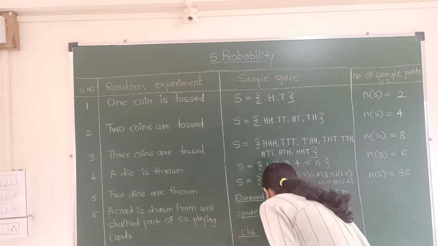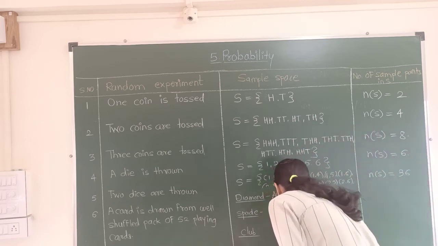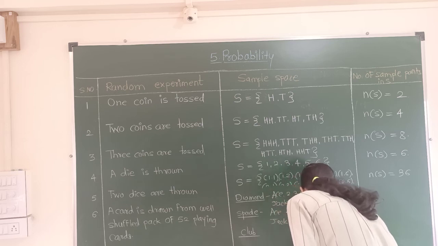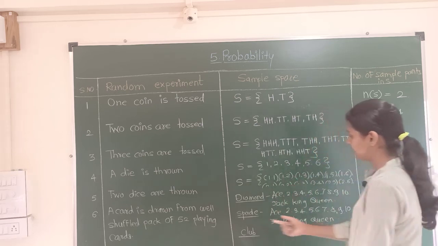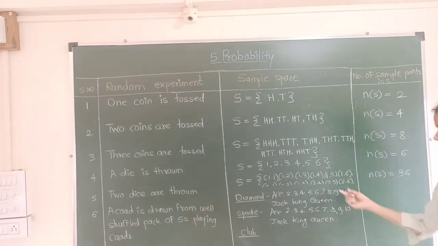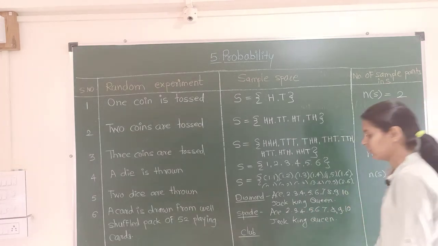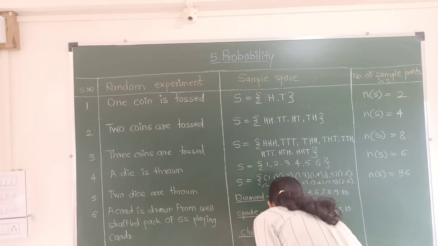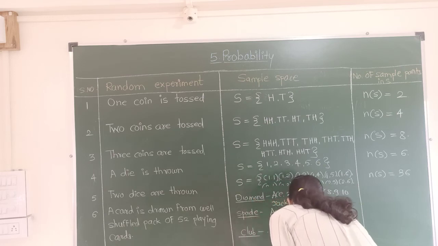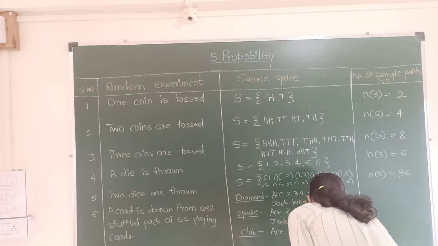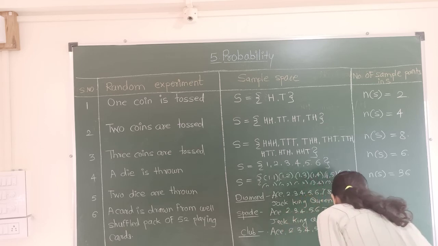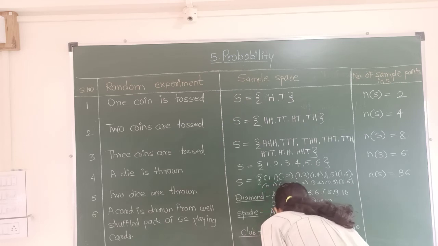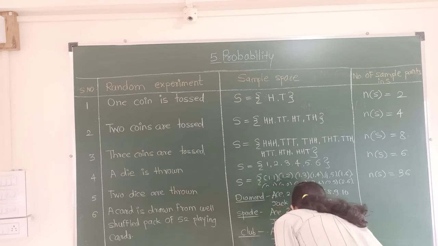Then again jack, king and queen. Okay, this is for spade. These are 13 plus 13, 26. Now club cards also consist of ace, 2, 3, 4, 5, 6, 7, 8, 9 and 10, jack, king and queen as well.